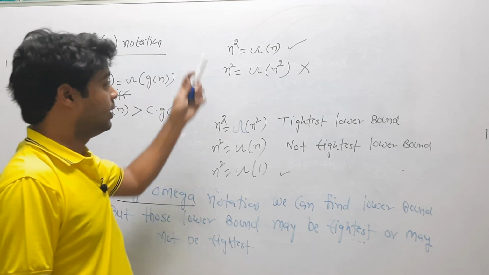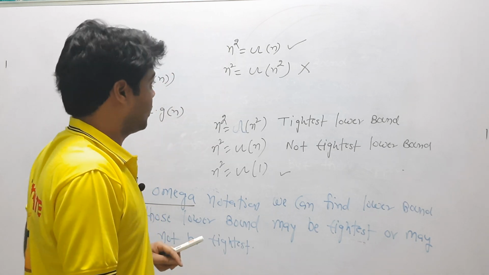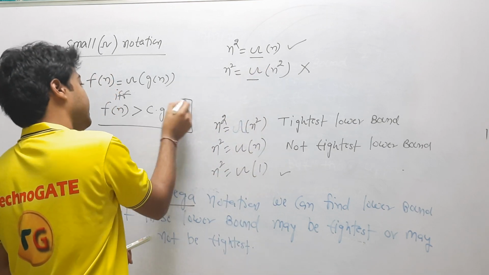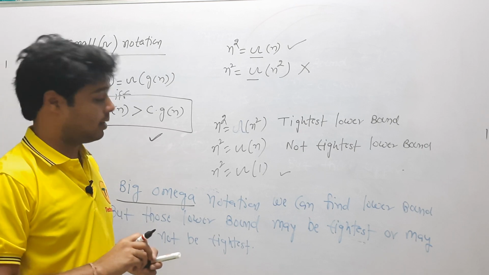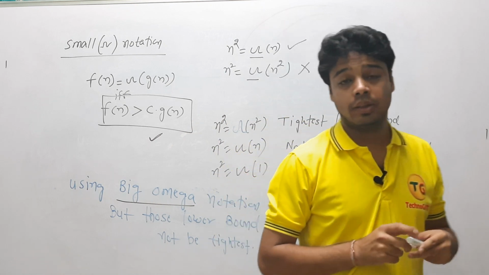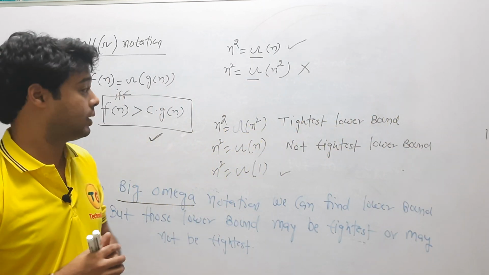This is a tightest lower bound, this is not. This is small omega because here Fn is greater than C dot Gn. Clear? So this is all about big O notation, big omega notation, theta notation, and all things.